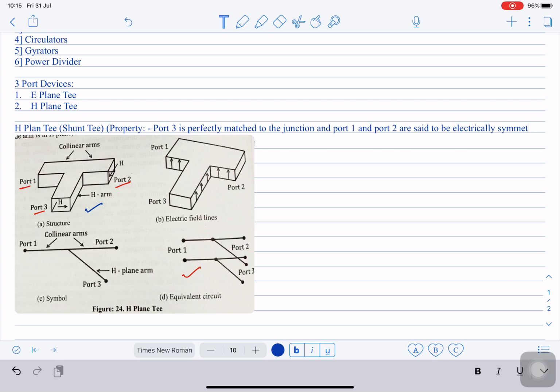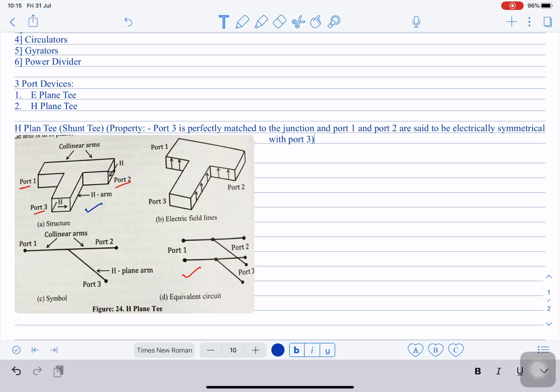Okay, so if you recall the property of electrical symmetry that we described while studying the scattering matrix, the electrically symmetrical property can be studied using scattering parameters when we deal with three different ports. Now this is the device which consists of 3 ports, so here we can apply that particular property.